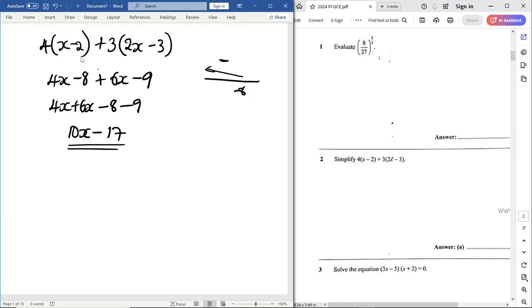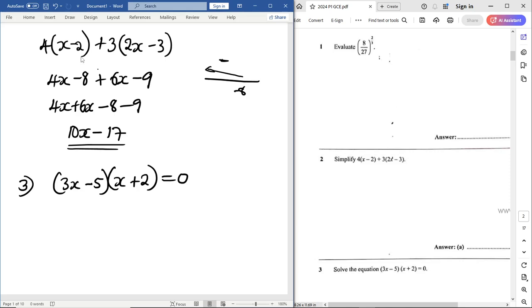Okay, let's also go to number 3. Solve the equation. So for number 3 here, we have solve the equation 3x minus 5 and x plus 2 equal to 0.